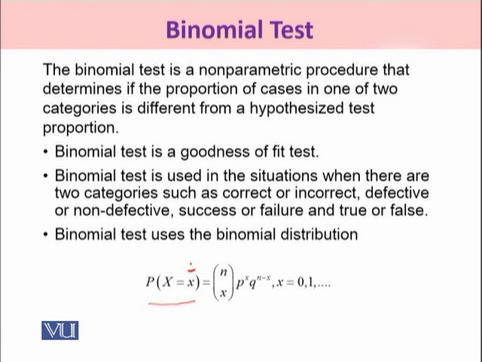So students, the probability of X at x is equal to nCx p raised to x q raised to n minus x. As you can see, x starts from 0, meaning no success, 1 success, and so on. Here n is the sample size, x stands for the total number of successes, p is the probability of success, and q is the probability of failure.